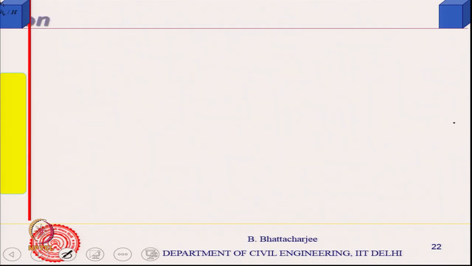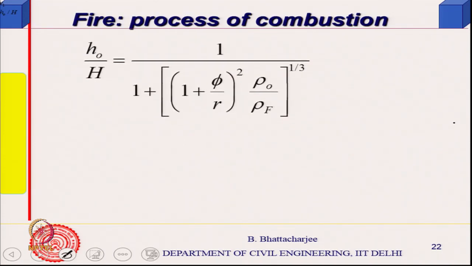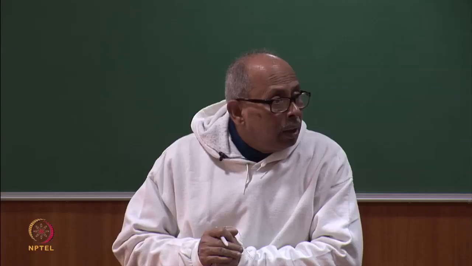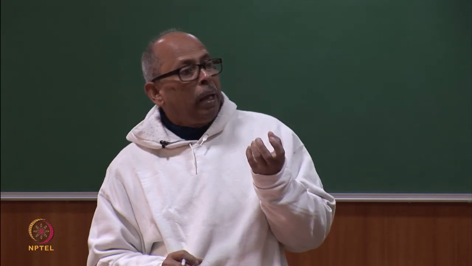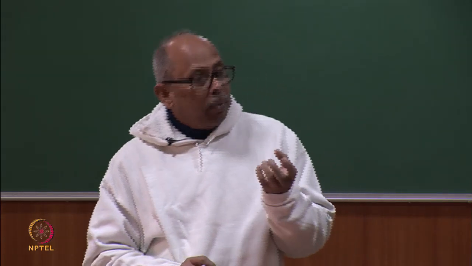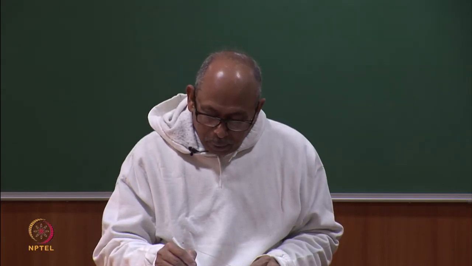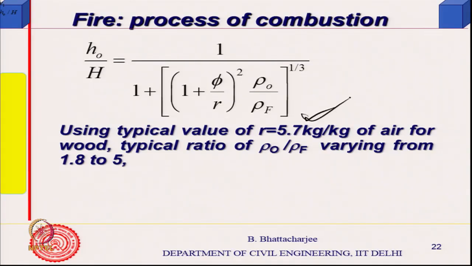If it is half, then Hf by H0. One can get this expression using a typical value of r equal to 0.57. Now, the stoichiometric requirement of air: 1 kg of wood requires 5.7 kg of air.